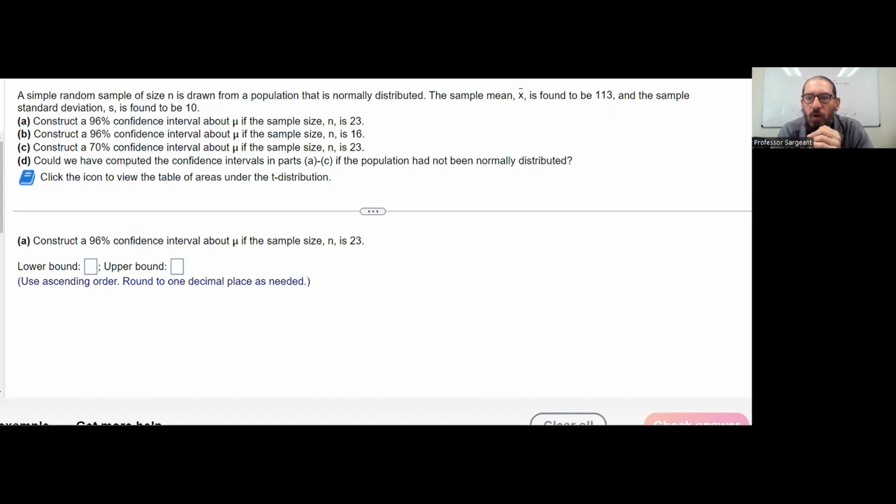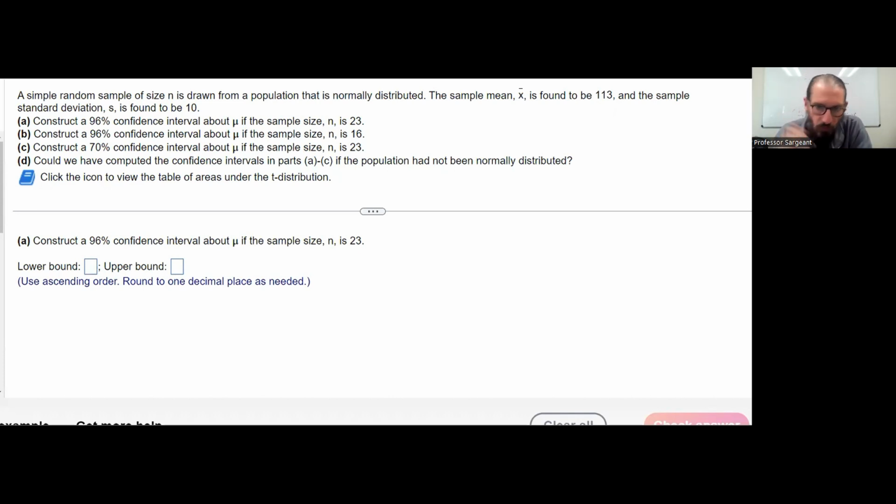The sample mean x bar is 113. The sample standard deviation is 10. In part A, we want a 96% confidence interval about mu if the sample size n is 23.